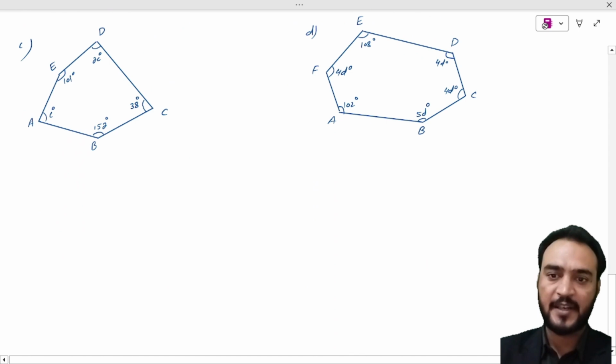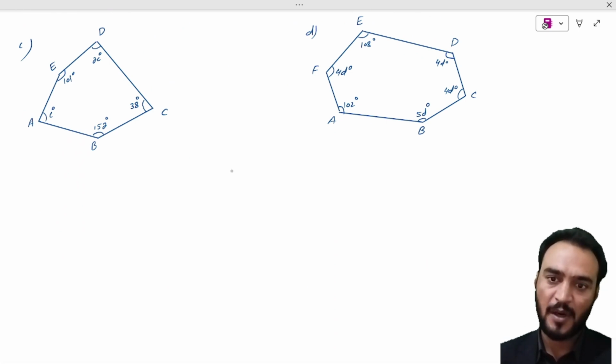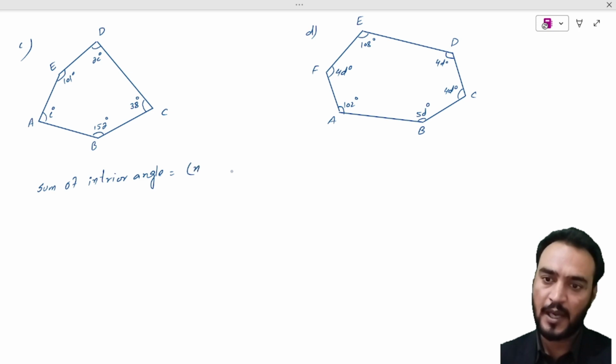Part C is a pentagon, the polygon having five sides. So the sum of interior angles is equal to n minus 2 times 180.